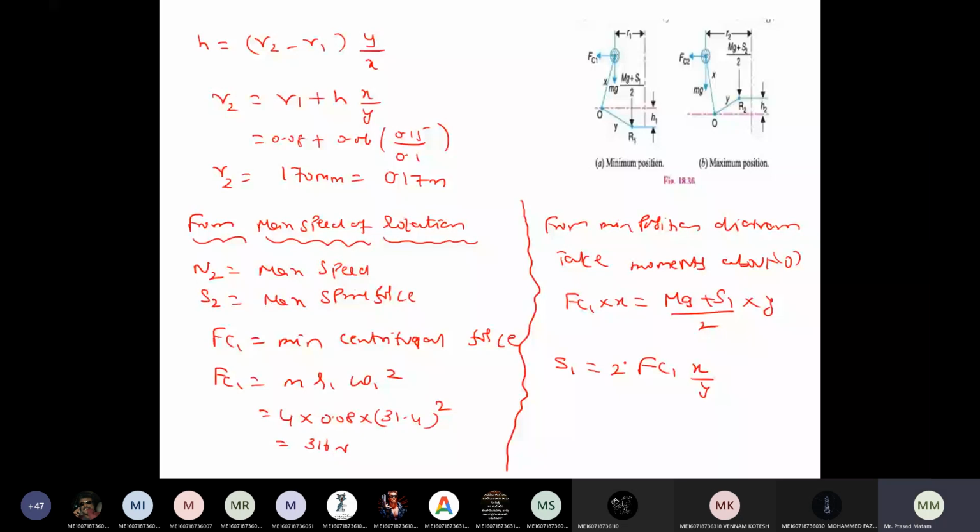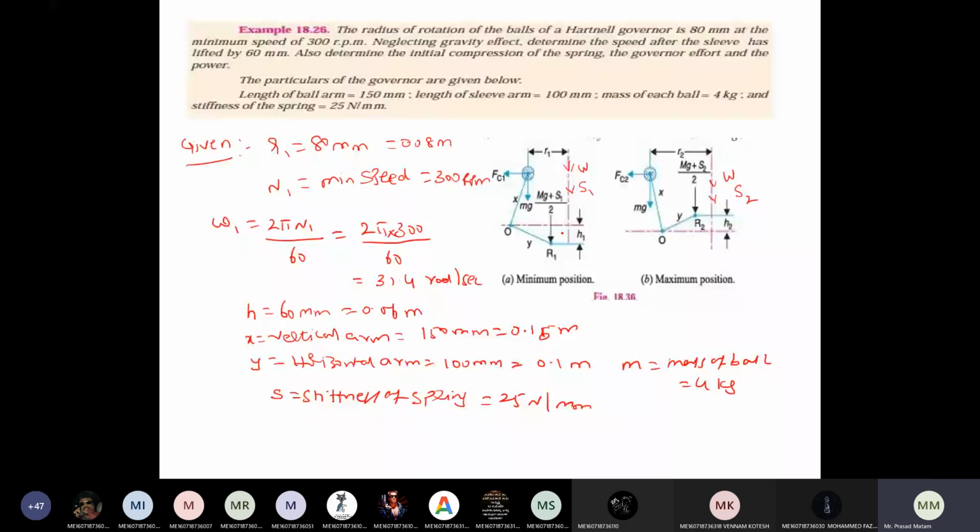So what about this mg? What will happen to this m? Can anyone answer? This is being neglected. Why it is being neglected? Read the problem. You can see here. Neglect the gravity effect. The question is given, neglect the gravity effect.